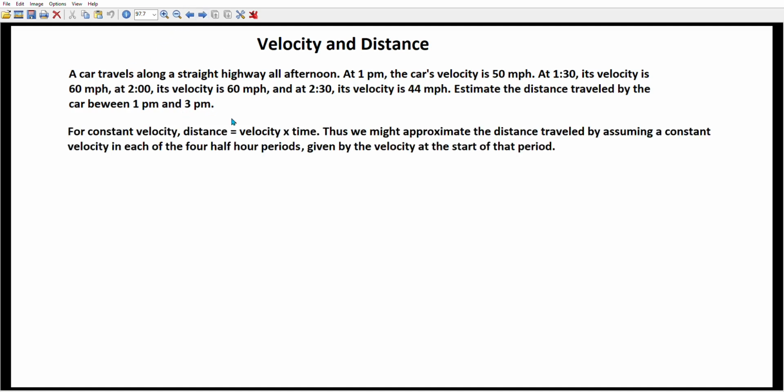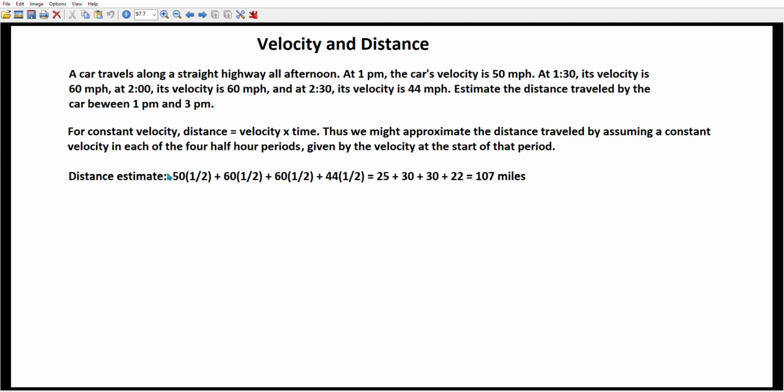For constant velocity, distance is velocity times time. So an estimate we might make is to assume that the car is traveling at a constant velocity during each of these half-hour periods. And we might as well take the velocity at the start of the period as that constant velocity.